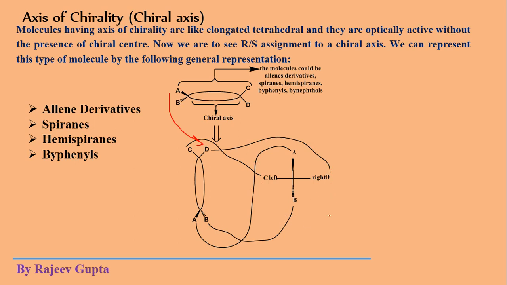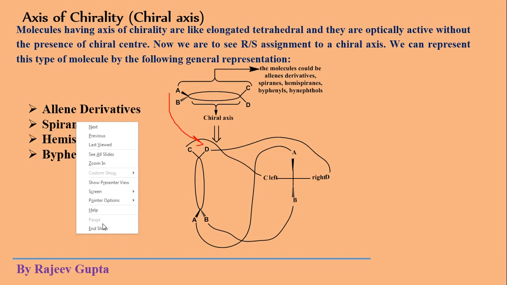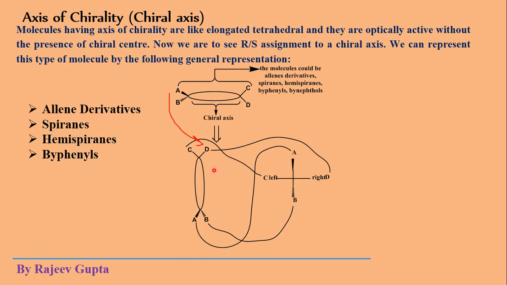To do this, first we arrange these four substituents like this. We draw a plus sign. It is not a Fischer projection, it is just a representation to find out RS for this chiral axis. A horizontal line and a vertical line.